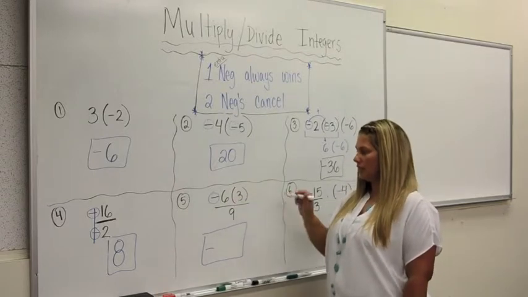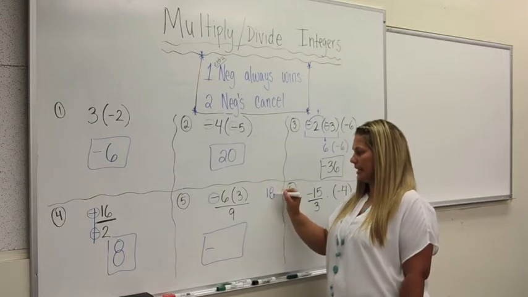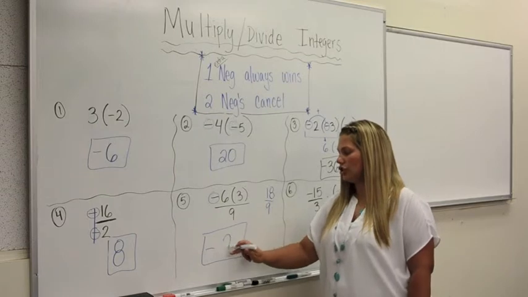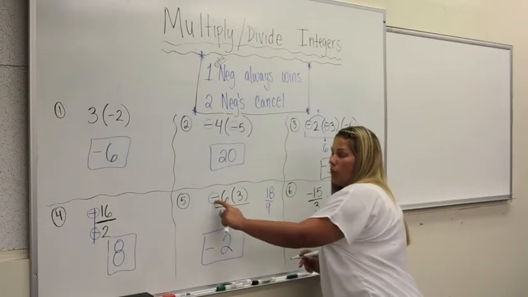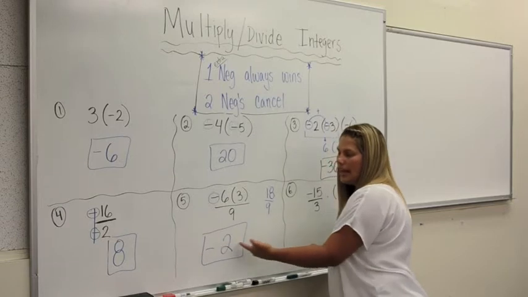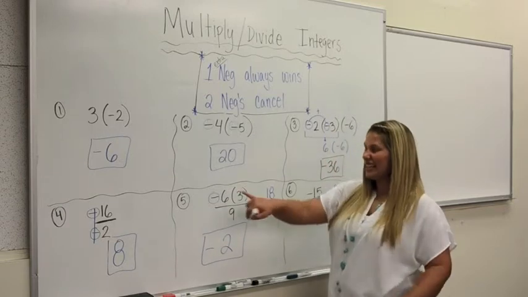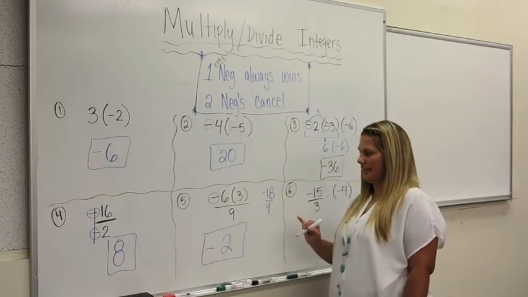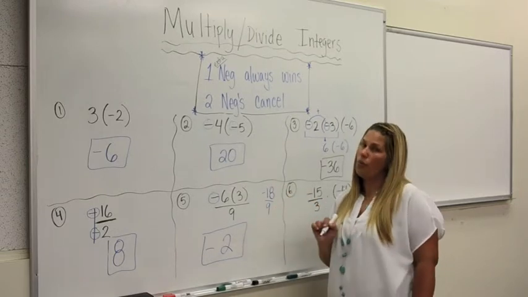Well, 6 times 3 is 18, and 18 divided by 9 is 2. But remember that 1 negative always wins, so it's going to be negative 2. Because technically, negative 6 times negative 3 is negative 18, and the 1 negative wins.